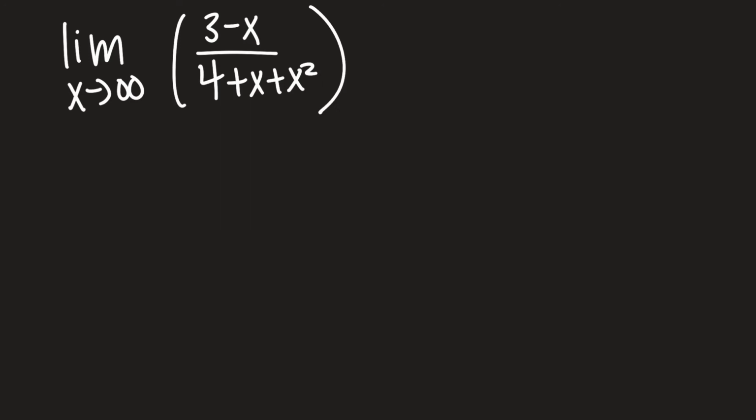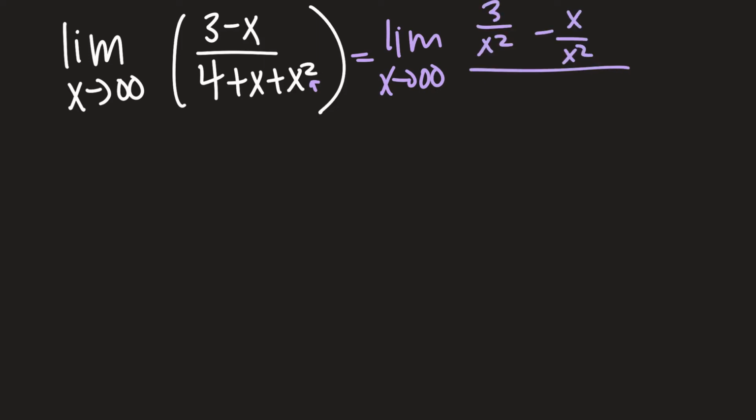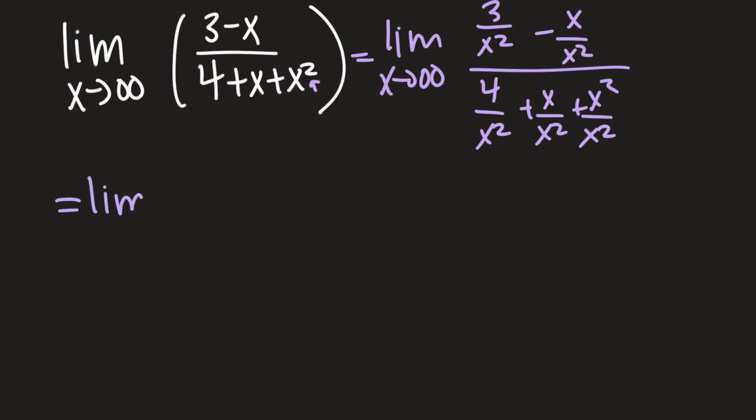And how we do that is we always divide by the highest power in the denominator, which in this case is this x squared. So I have x approaches infinity. 3 over x squared minus x over x squared, all over 4 over x squared plus x over x squared plus x squared over x squared. Okay? So I'm going to simplify.